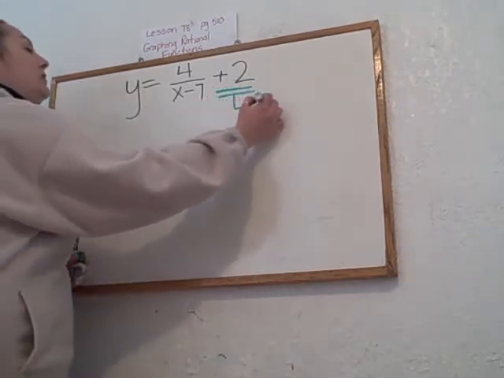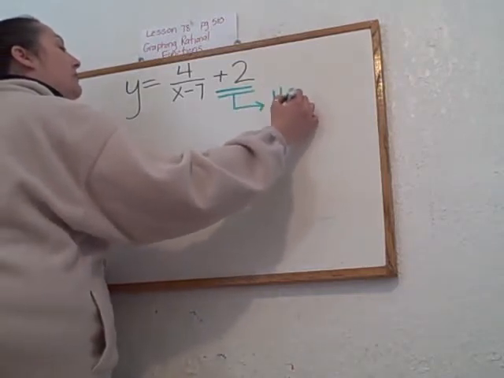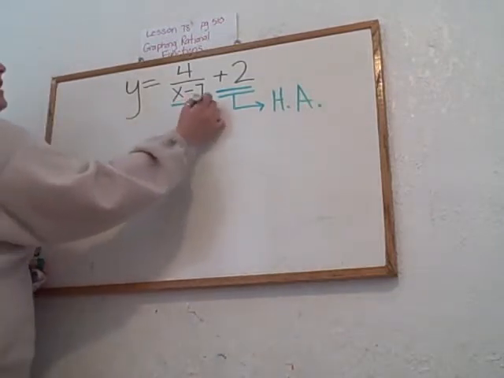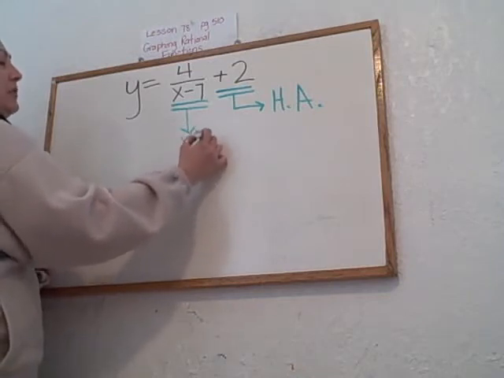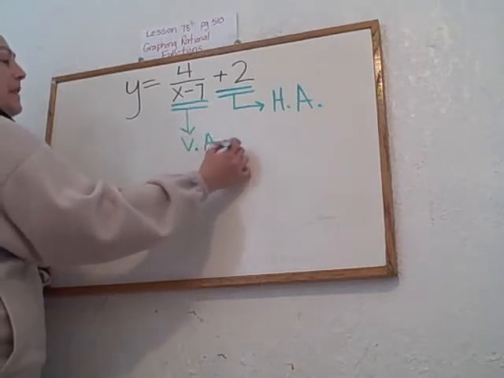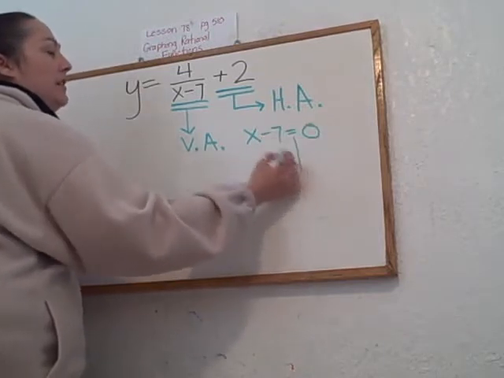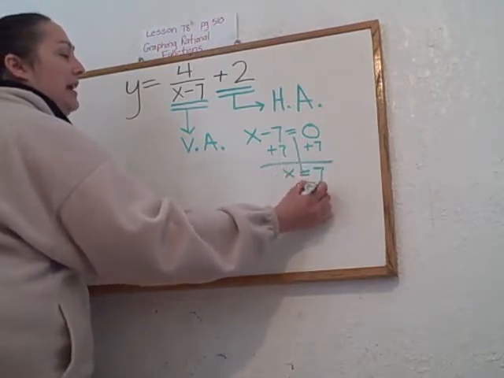This plus 2 is our horizontal asymptote. And remember, this right here is our vertical asymptote. X minus 7 is our restriction. So we add 7 to both sides, and x is equal to 7.